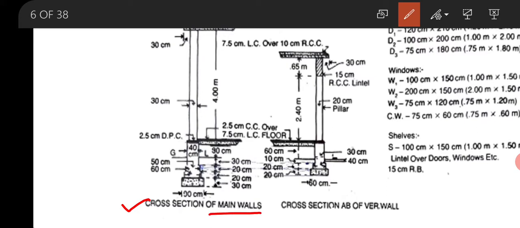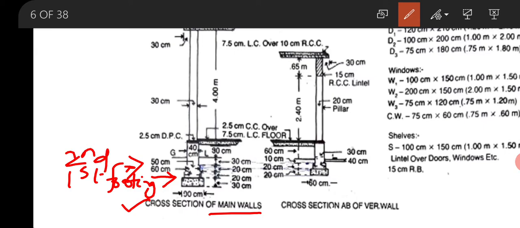So here we will calculate the quantity of first footing. Okay, so there are two numbers of footing, first footing, second footing, and plinth wall. So let us go for the calculation of first footing.